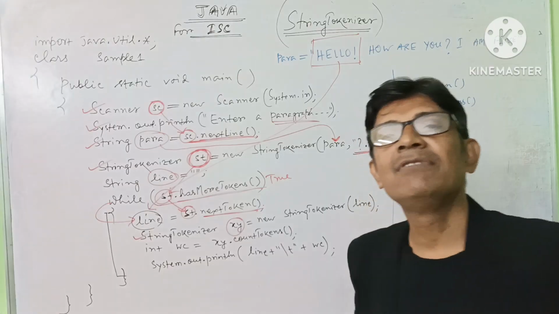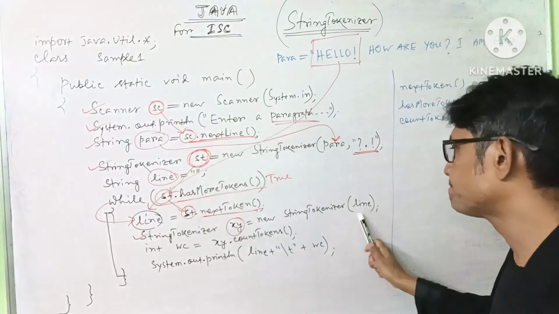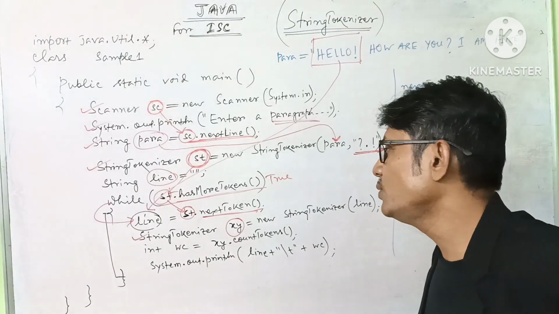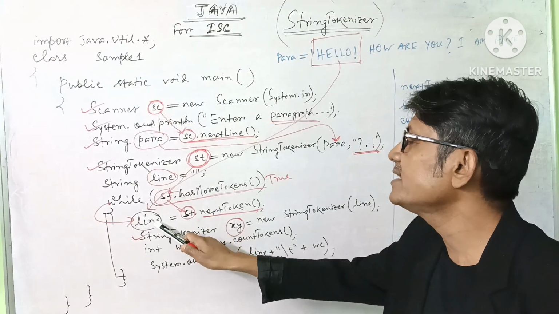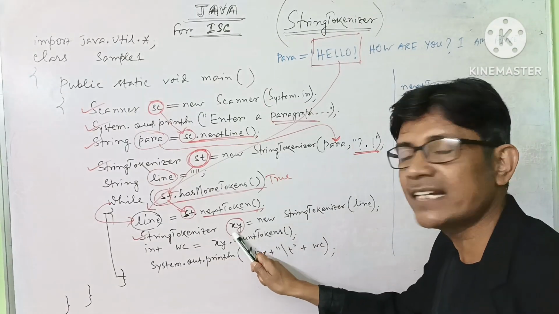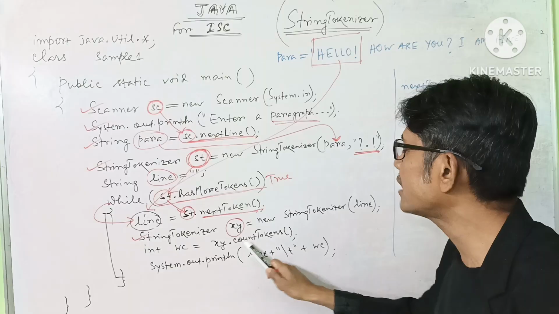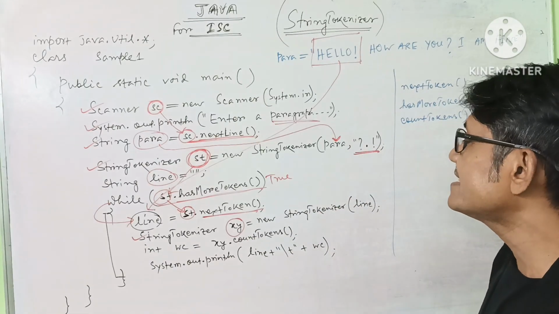Now this time I will count the number of words in it. How will we count the number of tokens? Not using this one, because I am using this line. That line I am converting into another StringTokenizer object, and using that object xy.countTokens means it will count how many words are in this sentence.